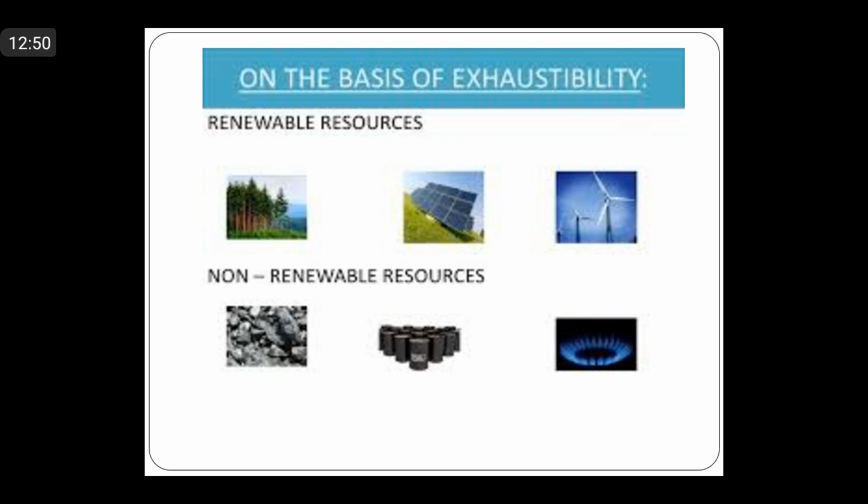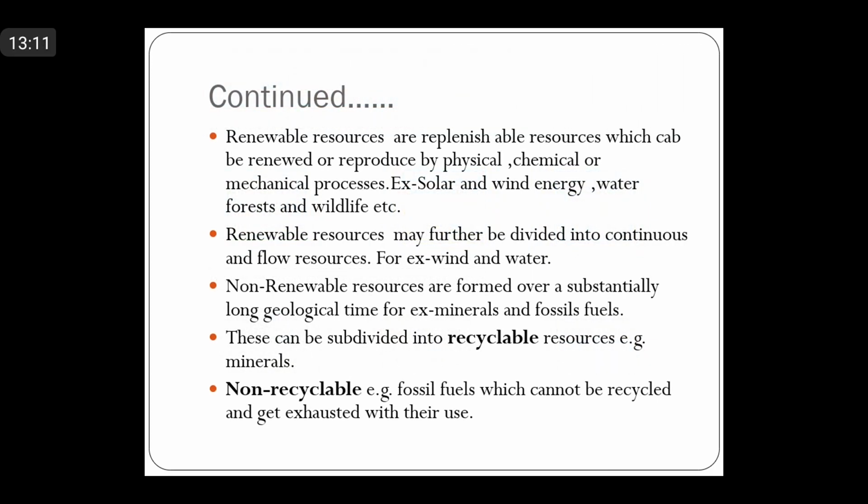Now, the second classification is on the basis of exhaustibility. What is given here on the basis of exhaustibility? Renewable and non-renewable resources. So, what are renewable resources? Renewable resources can be renewed or reproduced by physical, chemical, or mechanical processes, and therefore they are known as renewable or replenishable resources.